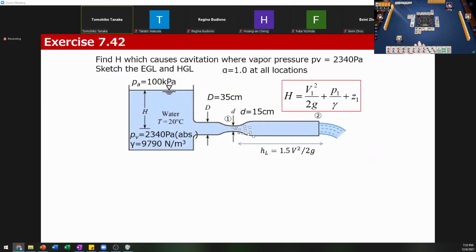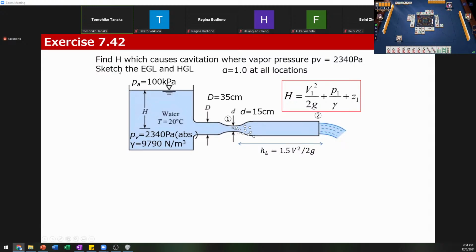So this is our last example today. There is a reservoir with a pipe, and this is a narrow part here.